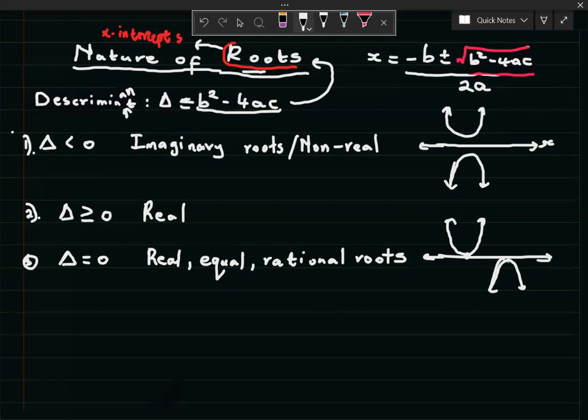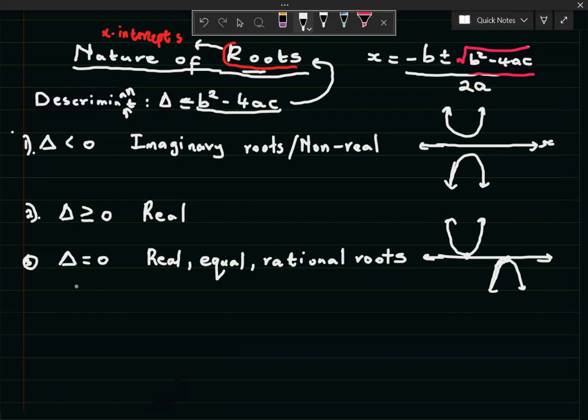Then that is for when the discriminant is 0. It means your parabola is touching the x-axis only once. Ladies and gents, please always be thinking about the parabola when you do the nature of the roots, because the nature of the roots tells you how the parabola touches the x-axis.